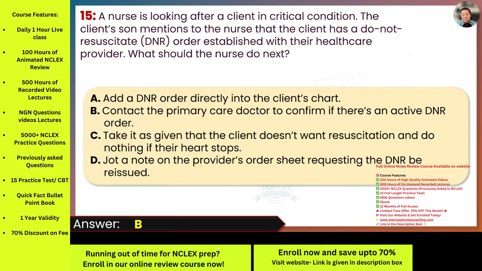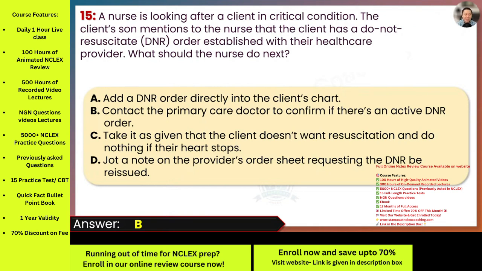And if the nurse does nothing during a cardiac arrest without a valid DNR, they could be held legally responsible for failing to intervene. And so the key here is never assume a client's code status based on a family member's word or just verbal communication. You have to always verify with official documentation.